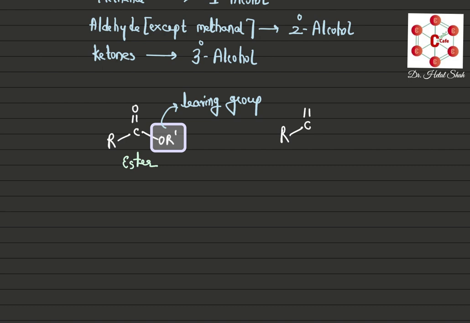Do you know anything else which has a leaving group like that? Very good. I can put Cl. What is this? An acid chloride? RCOCl? And where is your leaving group? It's here. Do we have anything else?